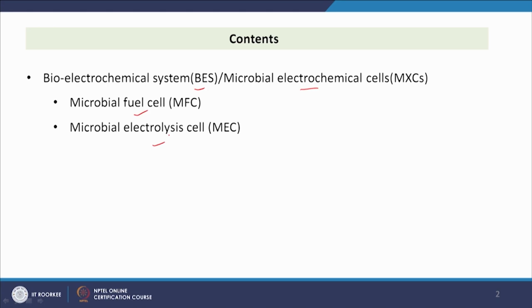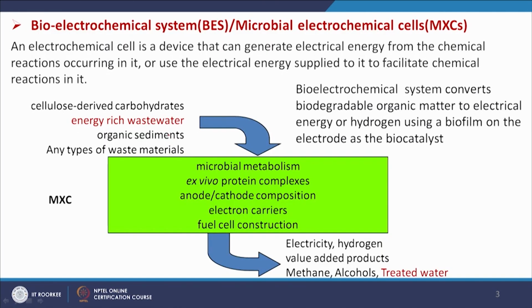These bioelectrochemical systems, or microbial electrochemical cells, are a new development in secondary treatment processes. In this case, wastewater is treated and at the same time some energy like electricity or hydrogen or any other valuable chemicals can also be produced.